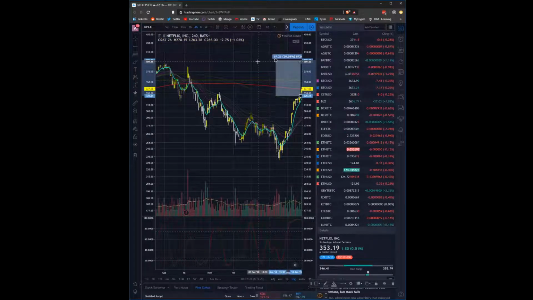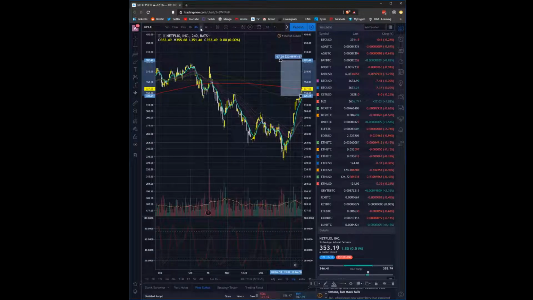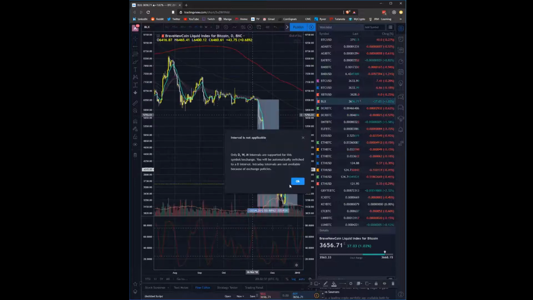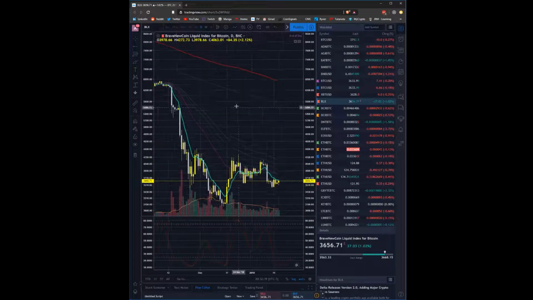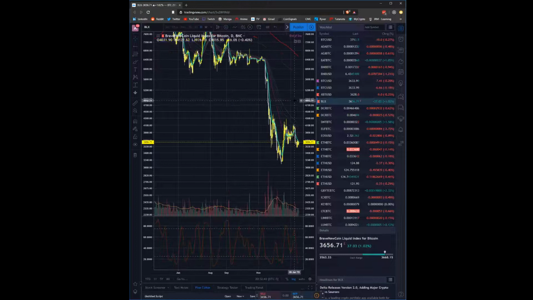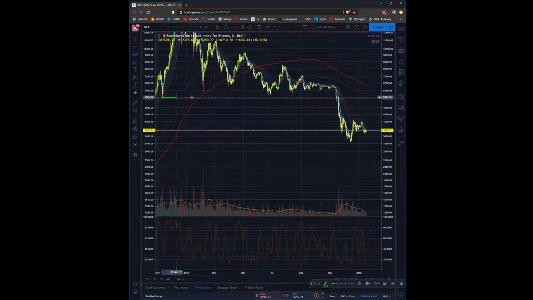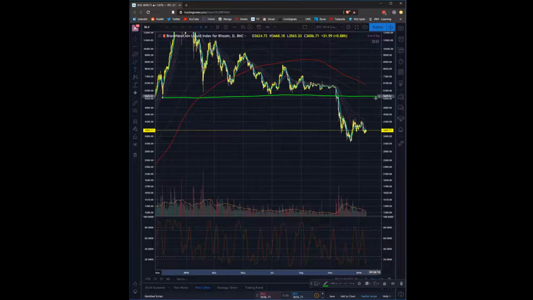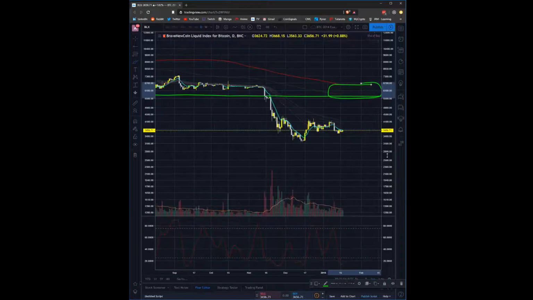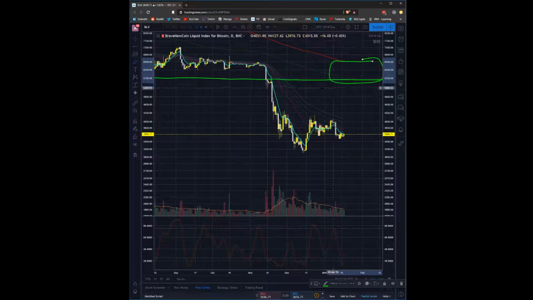That makes sense. And here we'll go back to Bitcoin, because the same thing goes for Bitcoin too. We've got this massive resistance above us at 6K, right in this zone. So this is going to be a very good short opportunity, in my opinion, in the future. So yeah, I'm going to want to short into there.